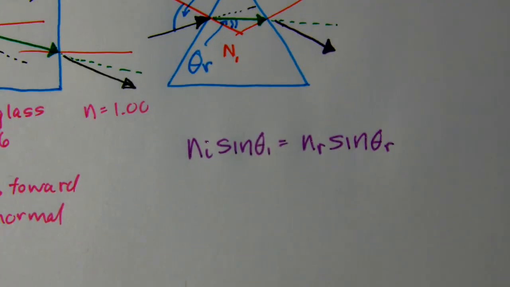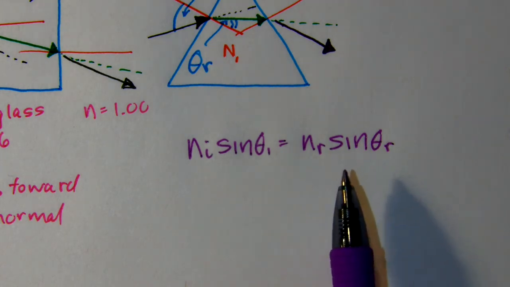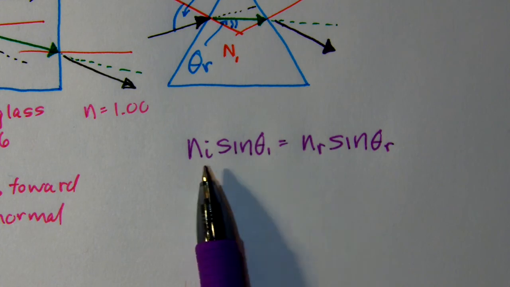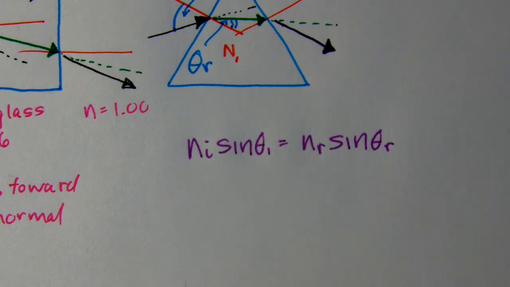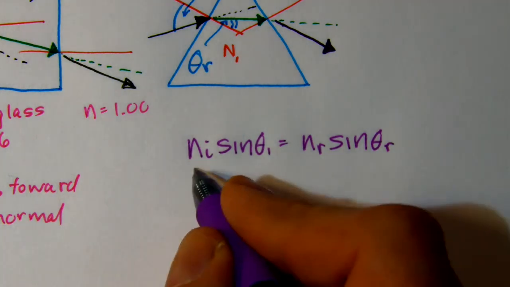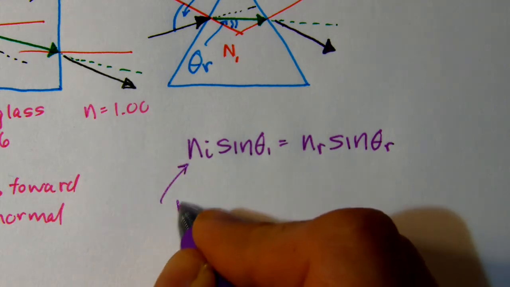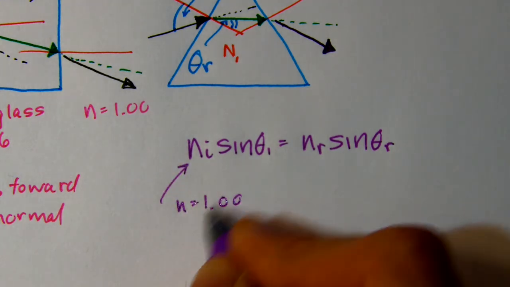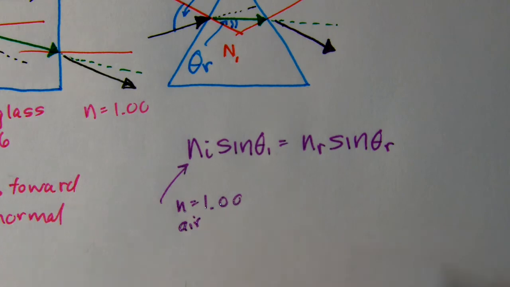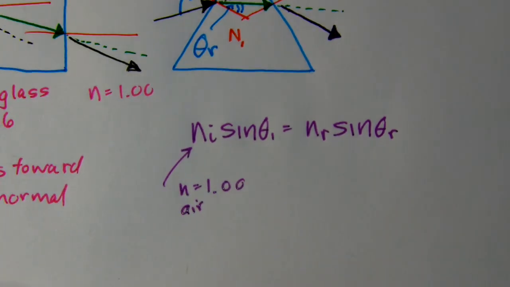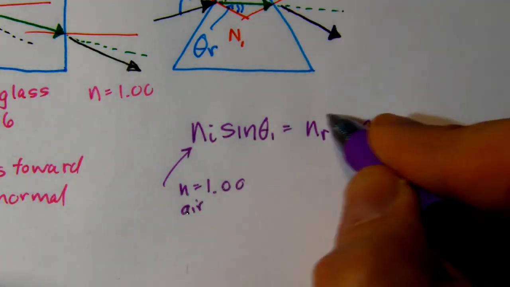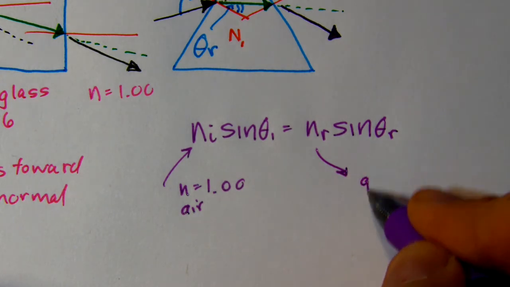It works out, though, that we could do a couple things with this one, but because this one is air, this is N equals 1 for air, because that was our incident medium, right? And we could say this one is glass or plastic.